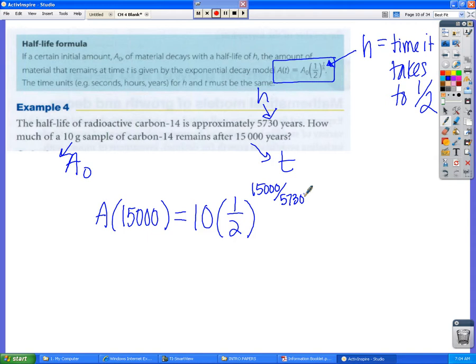And when you put this in the calculator, please remember an extra set of parentheses there. And so the value is approximately 1.63 grams, which is what your book has. I'm a little wary about the fact that they did not use 3 significant figures in your text. I don't know why. There should be a third decimal place.